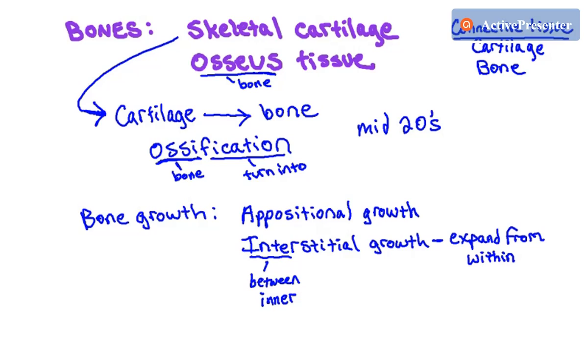So it's literally forming from the inside out. Appositional growth would be to grow from the outside by adding layers upon layers upon layers on the outside. So as you can see, when we start out with skeletal cartilage, a lot of that skeletal cartilage is going to turn into bone, and then that's when we get the osseous tissue.